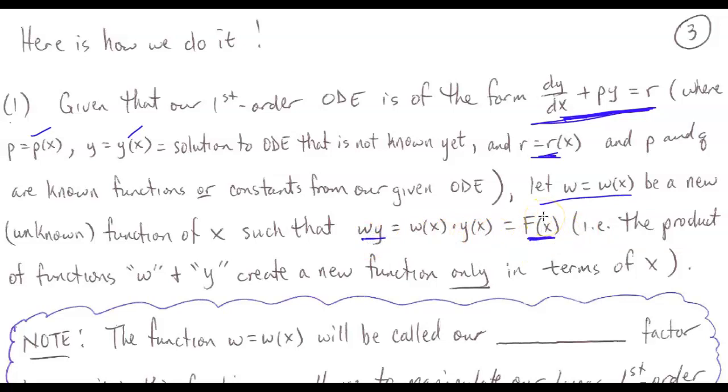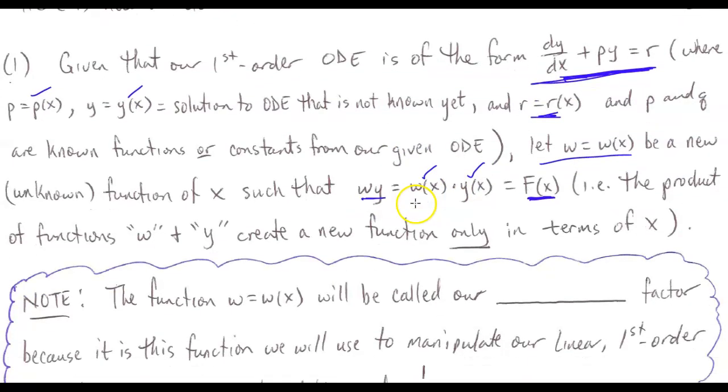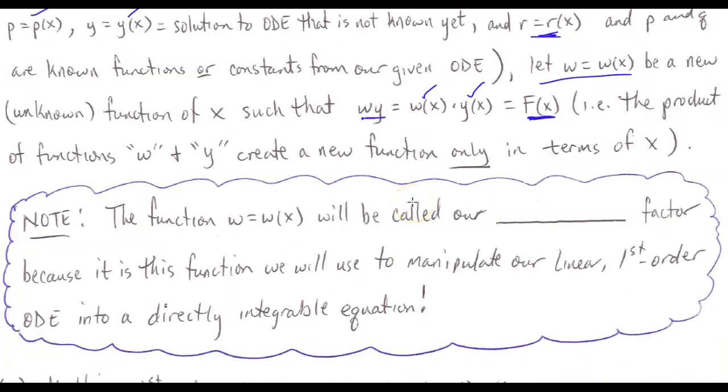So we're just creating a new function that's actually going to be the product of two functions, one of which will be our actual solution and the other one is something that's unknown. Now, it turns out that the function w of x is this integrating factor that I was talking about here.